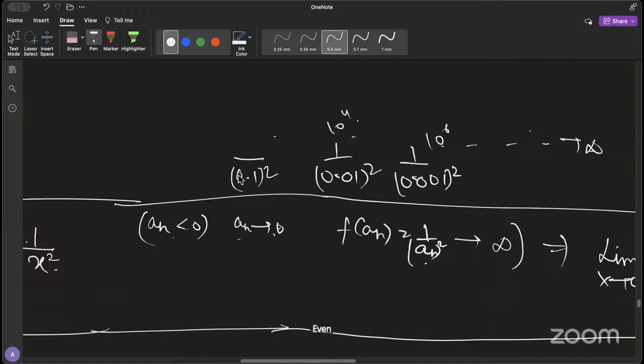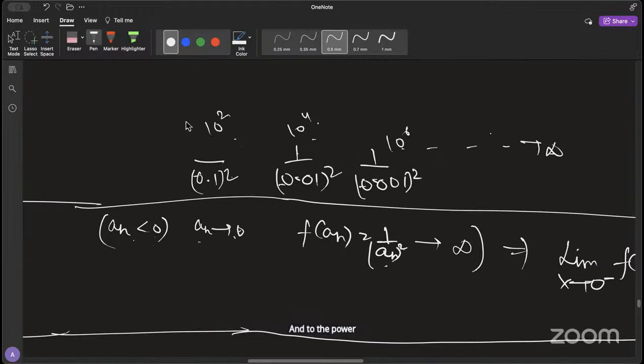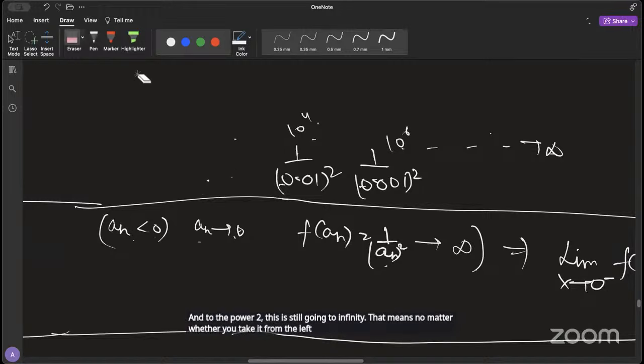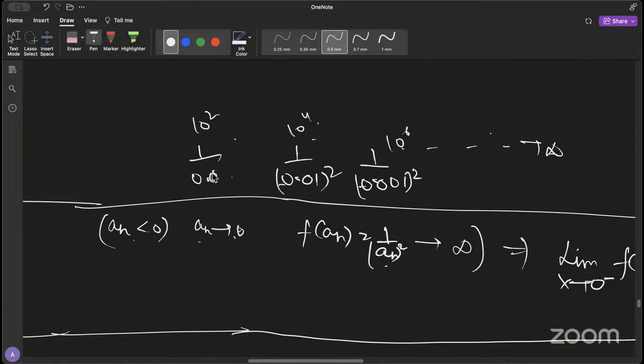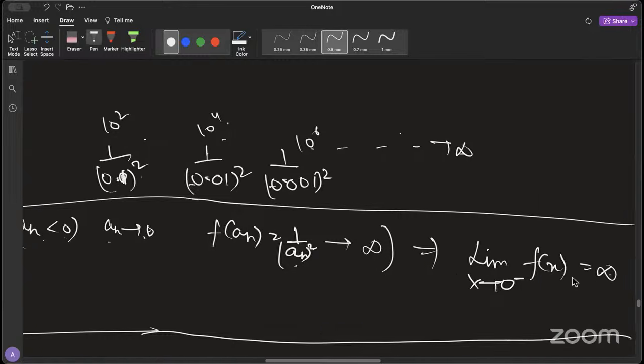Even if I take negative here, minus 0.1 square, minus 0.01 square, minus 0.001 square, this will still be 10 to the power 2, 10 to the power 4, 10 to the power 6. This is still going to infinity. That means no matter whether you take it from the left-hand side or from the right-hand side, it's going to infinity.